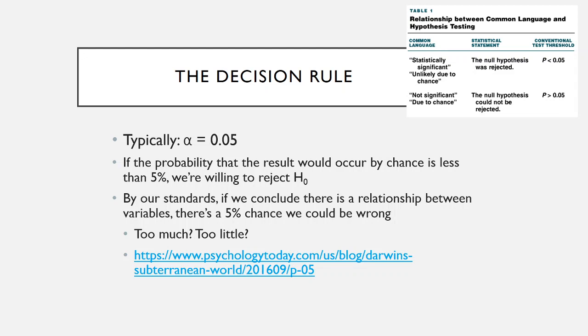So at this point, you're allowed to think critically about whether you're okay with this. Is a 5% chance of being wrong, or 5% of the literature out there being wrong, too much or too little? You're allowed to think critically about whether or not you buy this. You might be thinking, is that too much error? Well, it depends on the stakes of the research that you're doing. If you're talking about social psychology research, you might be thinking, so what if 5% of the research out there is bunk?